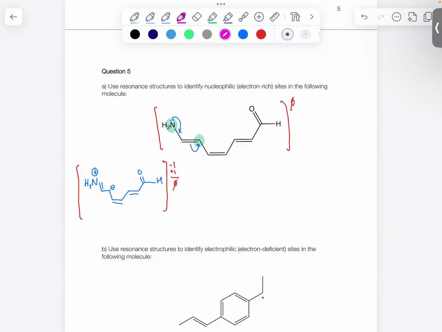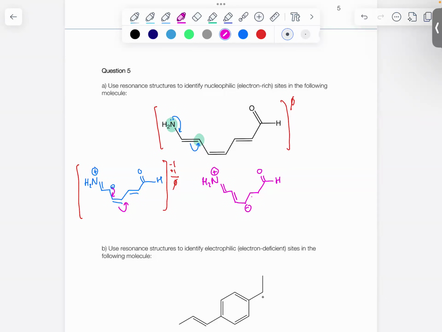So we can push these electrons down again. We'll still have a positive charge on that nitrogen and a shift of our double bonds.